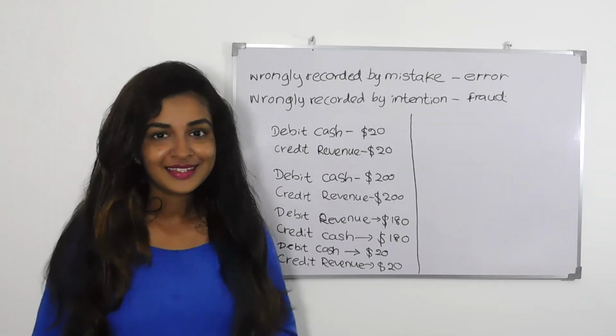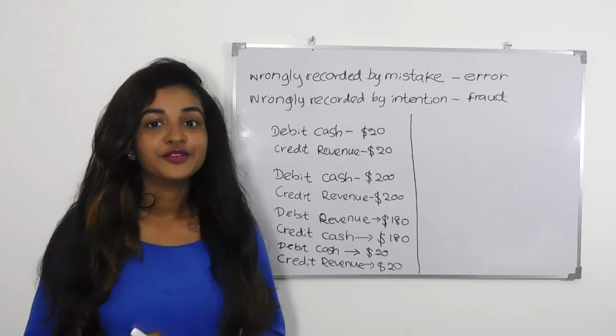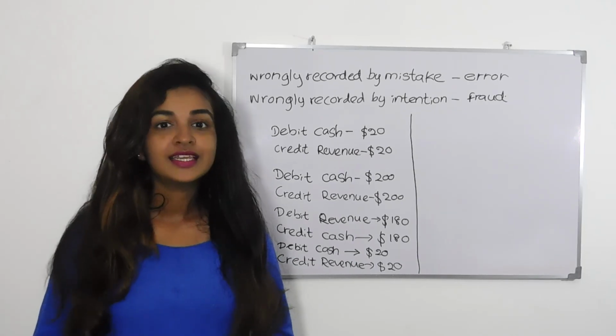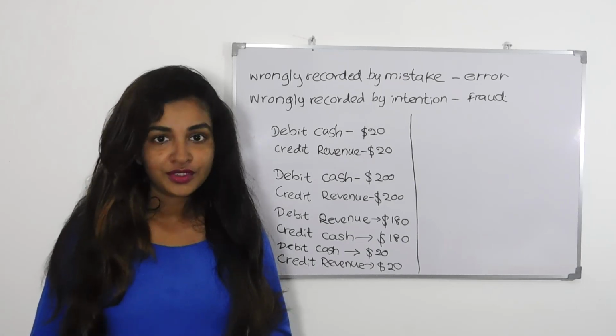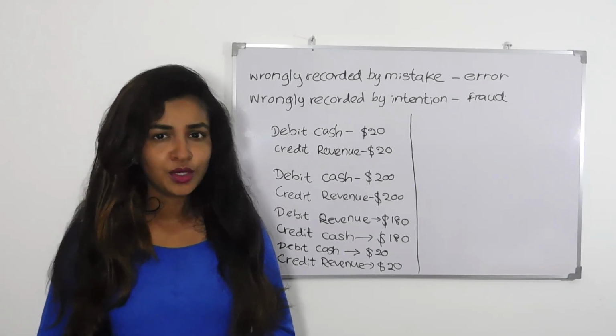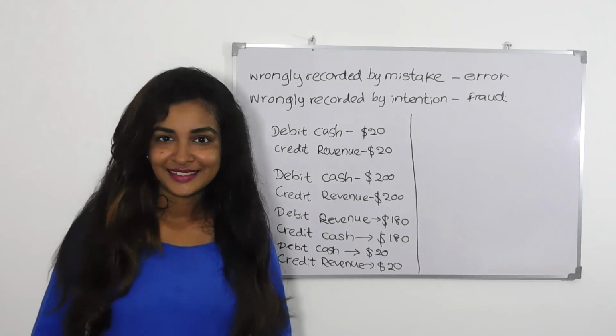Let's take another example of an error. The rent of this spa, $4,500, was paid in cash, but our accountant wrongly debited the amount to Mr. Smith's personal account, who is the landlord of the building.